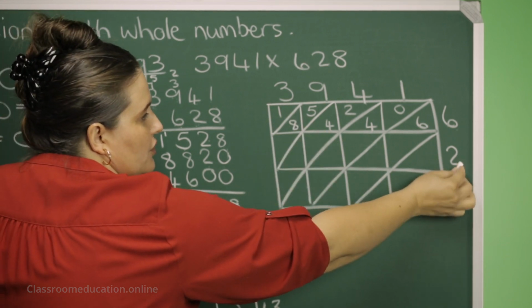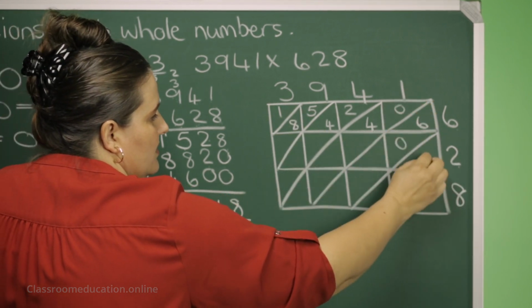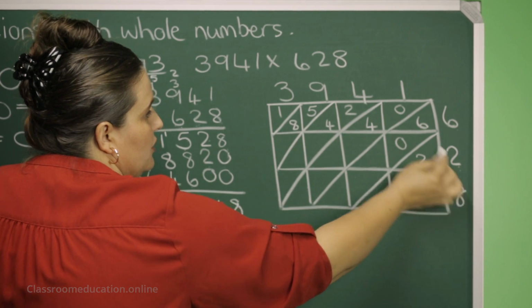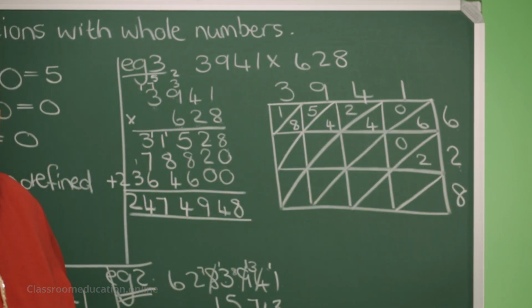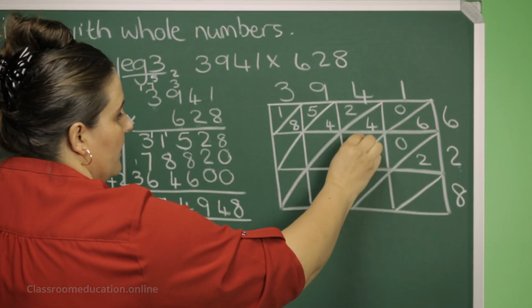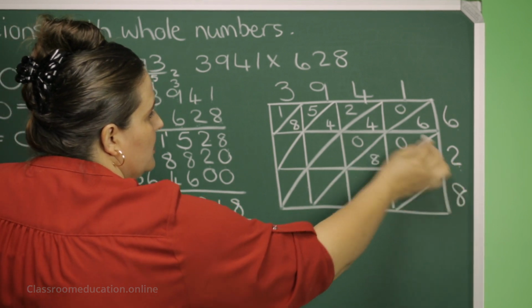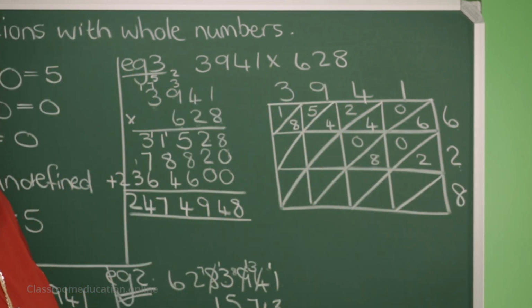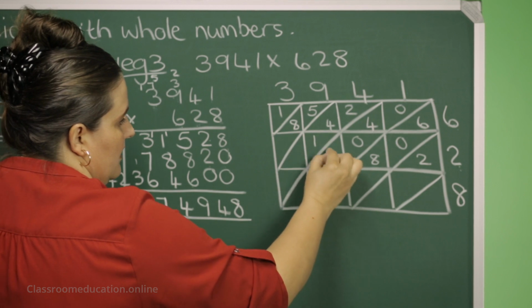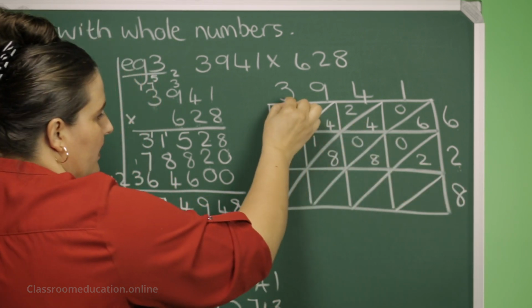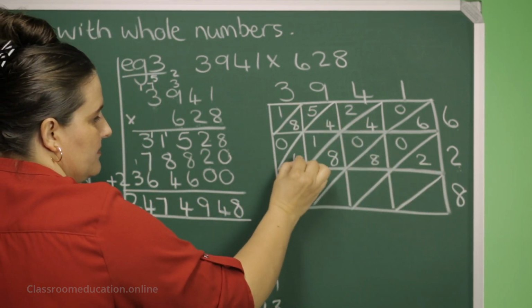Let's do the 2. 2 times 1 is 2. 2 times 4 is 8. So 0, 8. 2 times 9, 18. 2 times 3, 6.